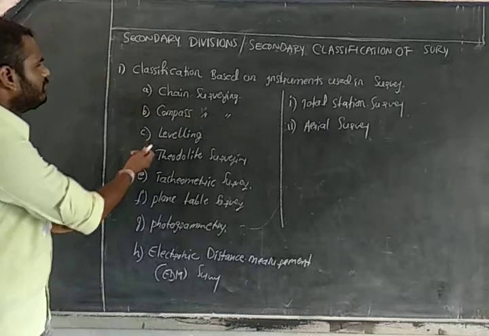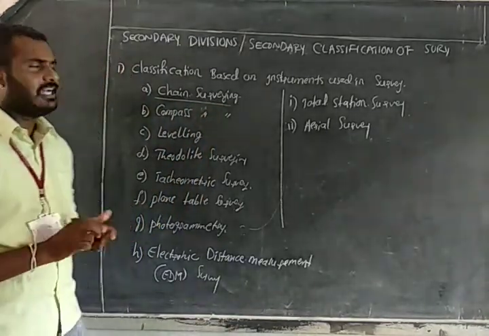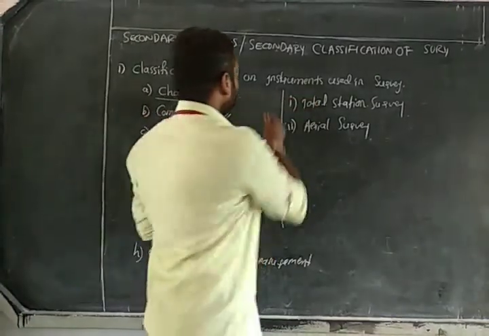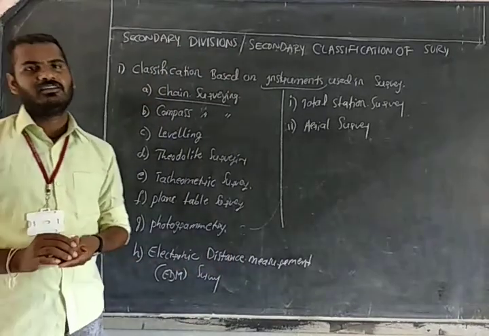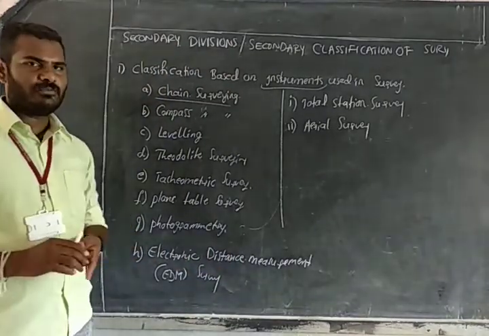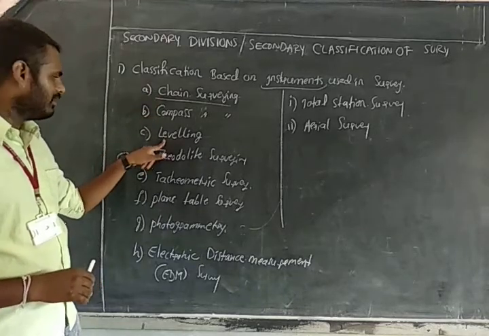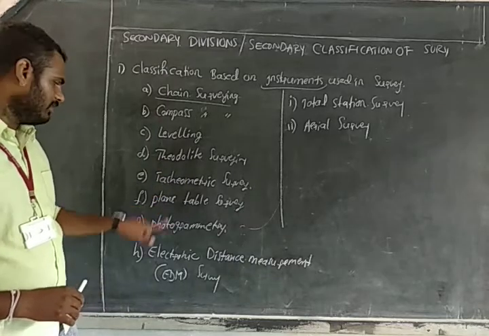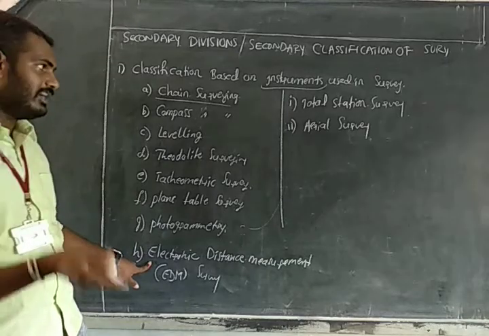When I look into the chain surveying, as the classification itself is named, it is based on the instruments used. So generally we have some instruments that we use in different types of surveying. They are chain, compass, level, theodolite, tachyometer, plane table, photogrammetry, electronic distance measurement device.